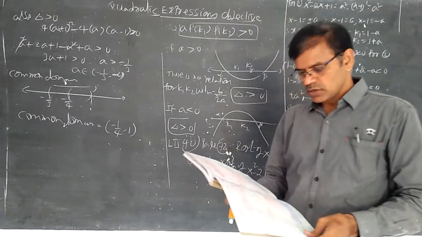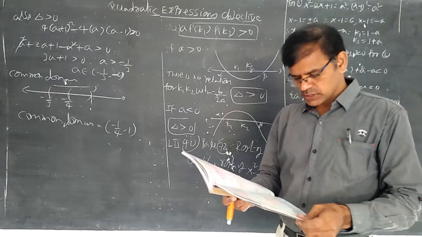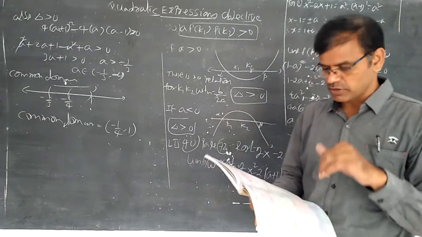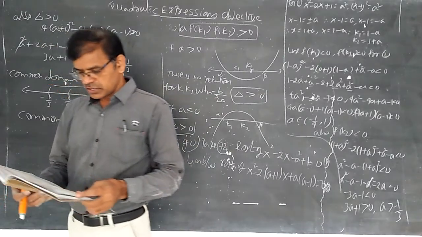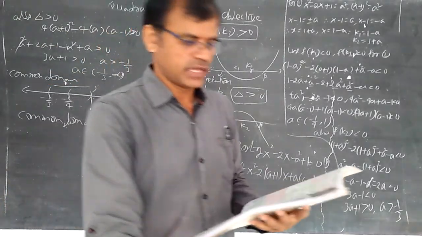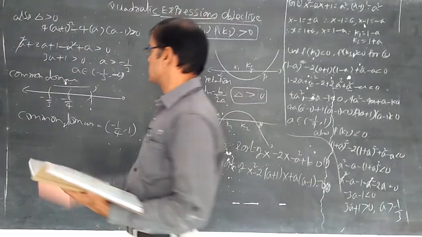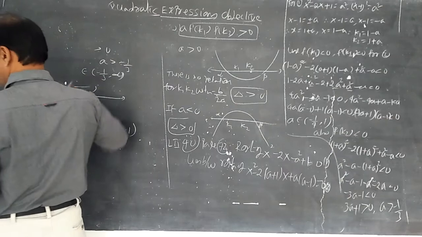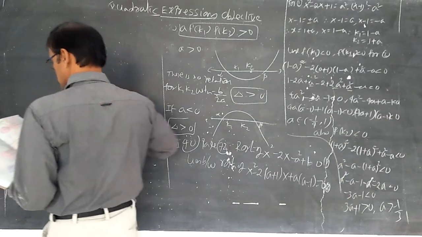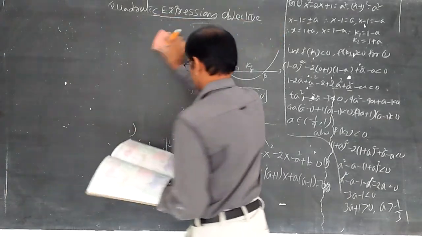And in the previous class we discussed alpha beta lie between K1 K2. Now let us discuss K1 and K2, K1 less than alpha, K1 less than alpha less than K2, like this. Given only two conditions. Now let us discuss the next condition also.